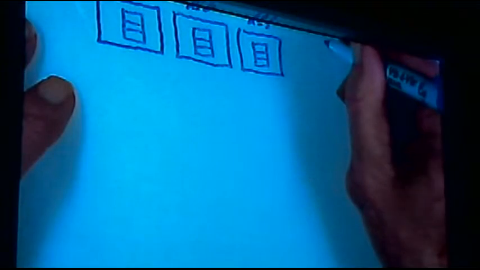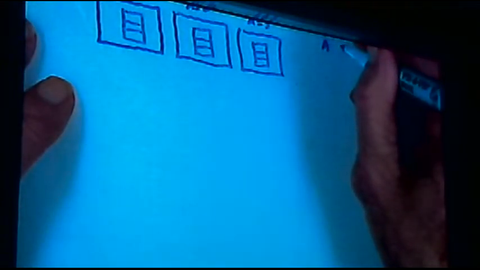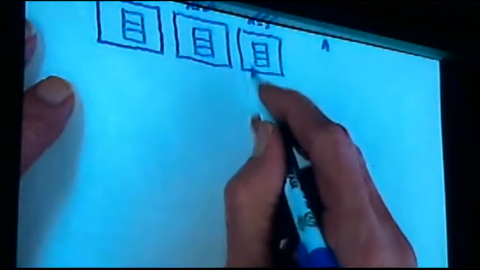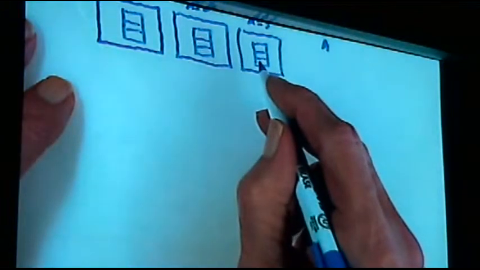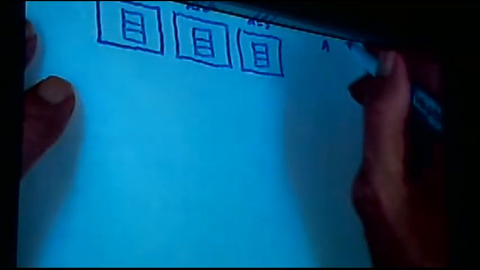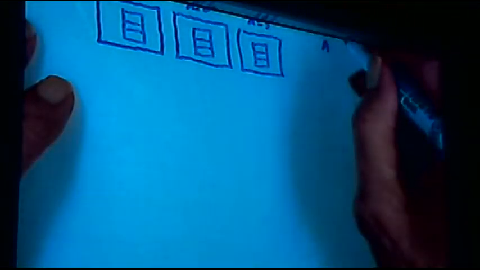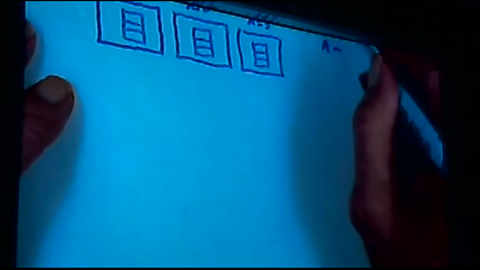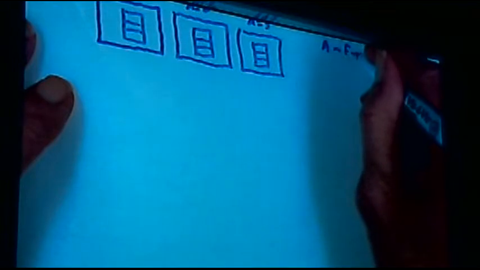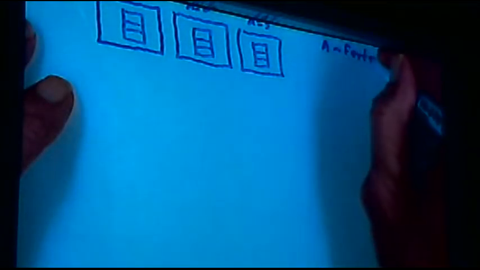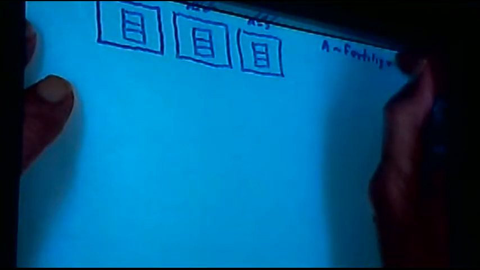Now let's suppose that factor A is, suppose these are actual plots of land. These are actual fields on a farm somewhere. And A refers to the type of fertilizer for the crop.